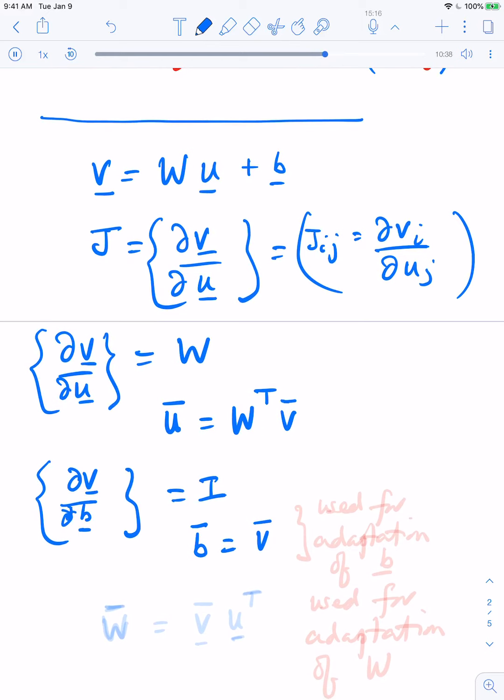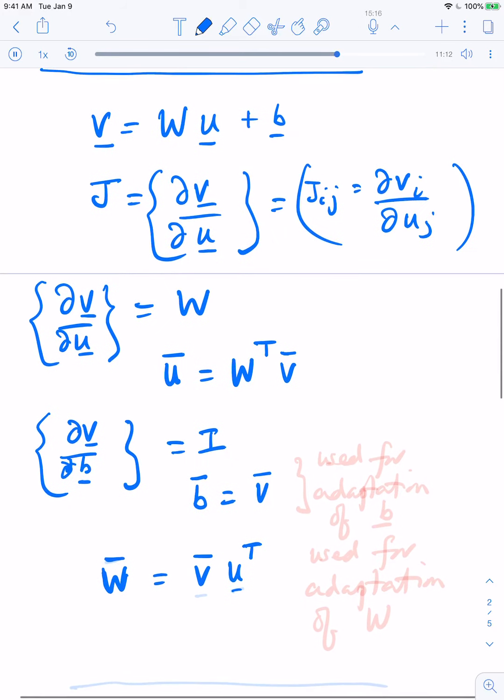Of course, what we are really interested in is adapting those weights, W's, and I'm going to leave it to you to show that the gradient with respect to W, and remember this is now a matrix of gradients, can be written as the inflowing gradients with respect to V coming in times U transpose.